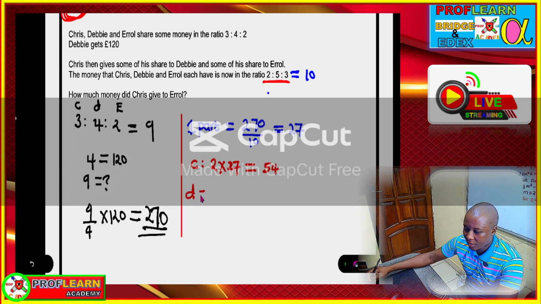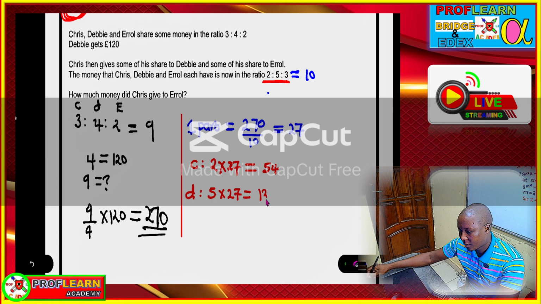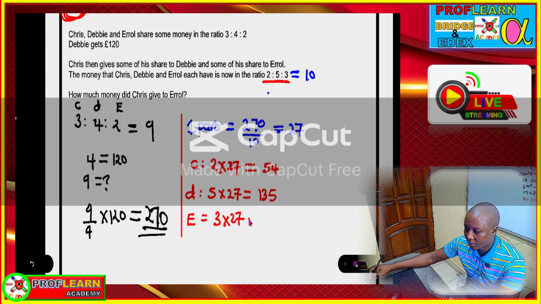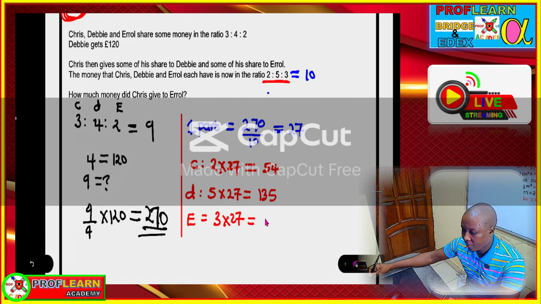Debbie in this case is going to be having 5 times 27. That's going to be 135. And then Errol is going to be having 3 times 27. It's going to translate to 81.